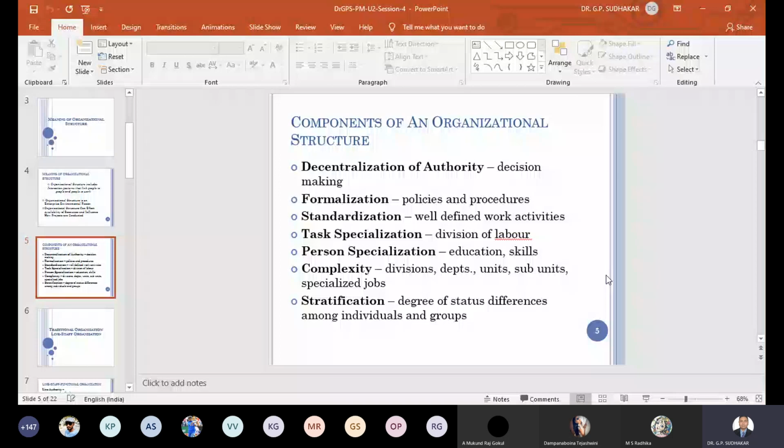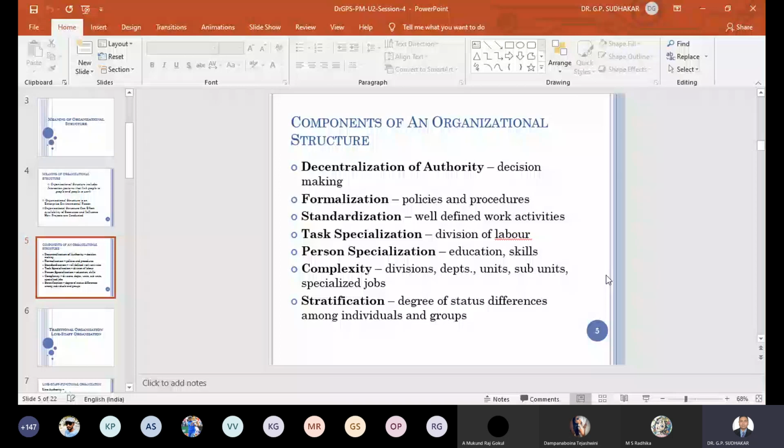So the organization structure is a tool for decomposing organizational tasks. It is also a tool for communication. A chain of command will be decided using organization structure. Who has the authority? We can know using organization structure, right?